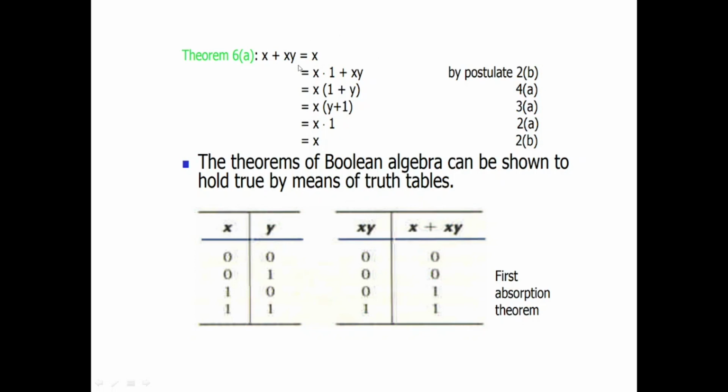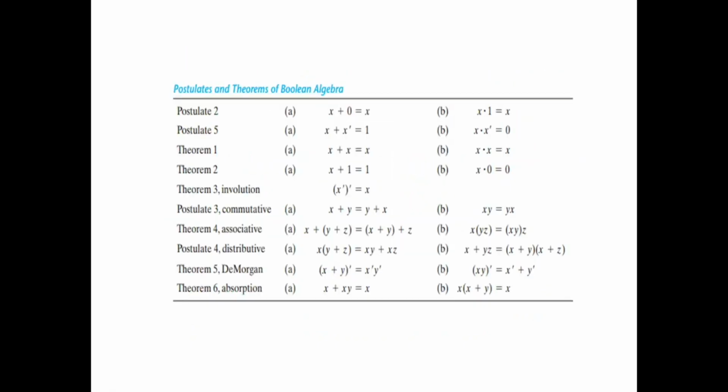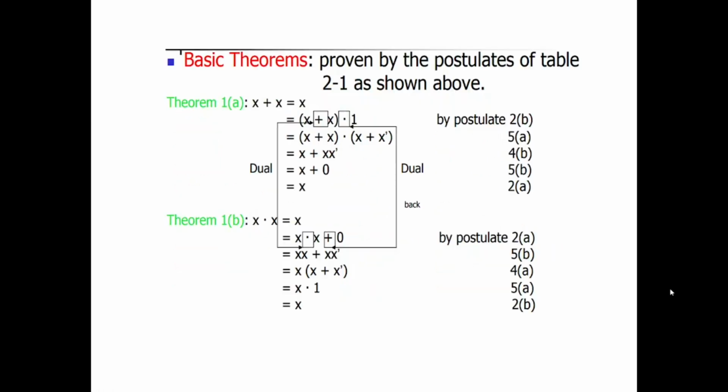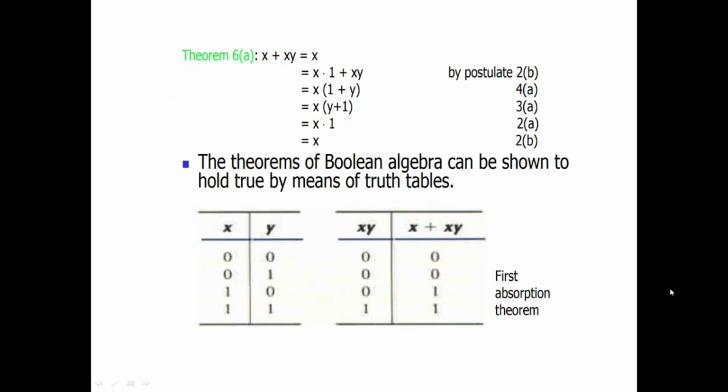So these proofs are given using the postulates which we have considered in this table. With the help of the postulates available in this table, we have given the proof for the theorem. Another way of giving proof for the theorem is by truth table.